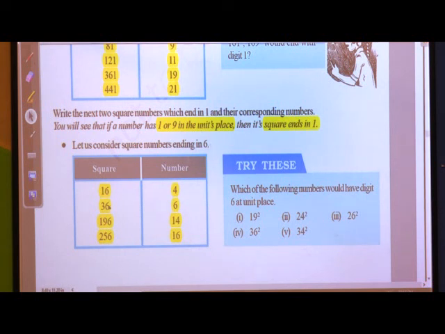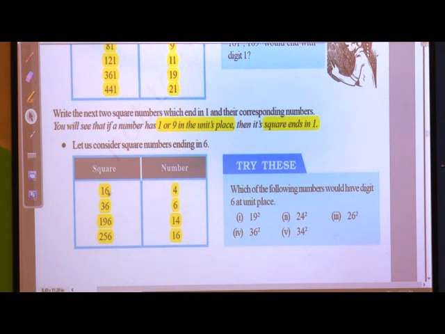If the square numbers are ending with 6, then what happens to the number? In the number's ones place, either 4 is present or 6 is present. 4 square 16, 6 square 36, 14 square 196, here 4 is in ones place and 6 is in ones place of the square number. 16 square 256, 6 is in ones place.